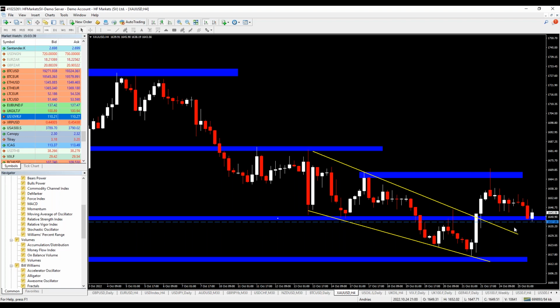So finding a floor over here could suggest a retest of this immediate resistance over here. But we need to wait for this candle to close, because there is no breakout confirmation over here.